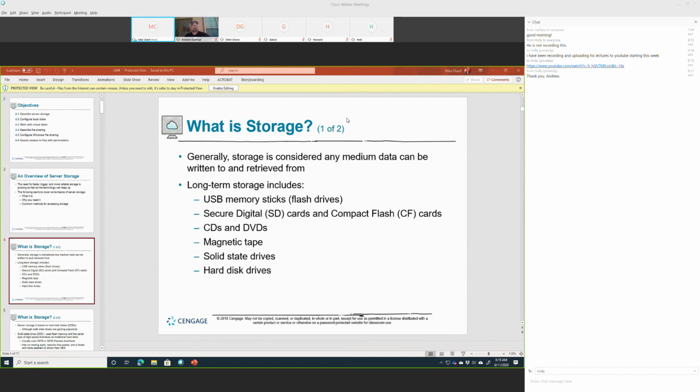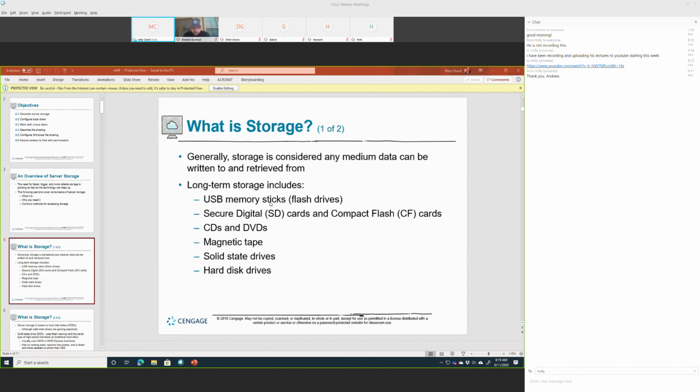Now, solid state drives, this has become popular. SSD is very popular now, and this is what replaced the IDE or the HDD, the hard disk drive.